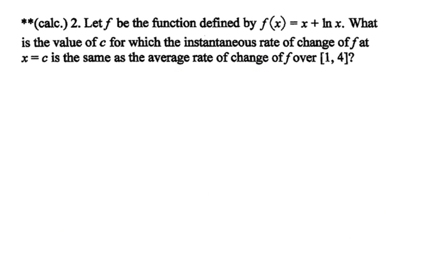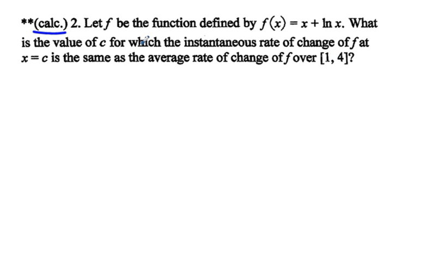Next, problem 2, and we see this is a calculator problem. Let f be the function defined by f of x equals x plus the natural logarithm of x. What is the value for c for which the instantaneous rate of change of f at x equals c is the same as the average rate of change of f over the closed interval 1 to 4?